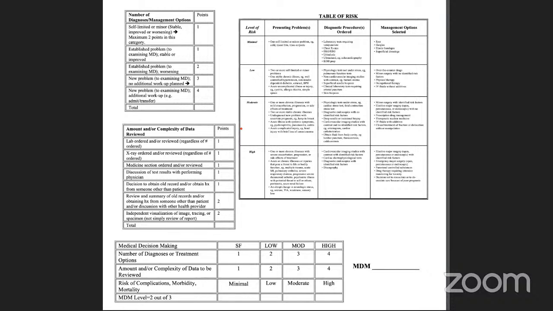Okay, let's do the next one. So our next patient, and again, I want to label these as A, B, and C. Repetition is key with evaluation and management coding. Okay, so in this next scenario, we have a patient that has an established problem that is getting worse.